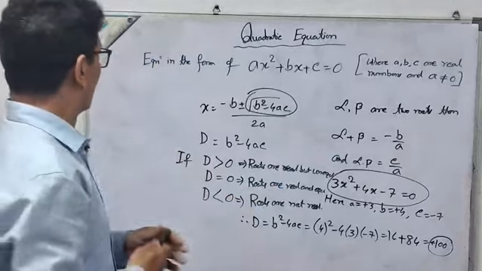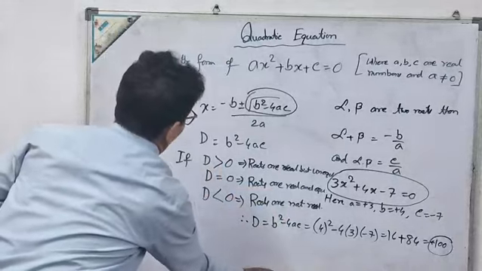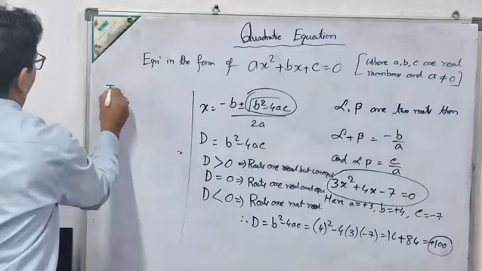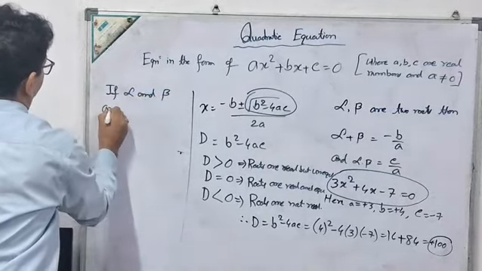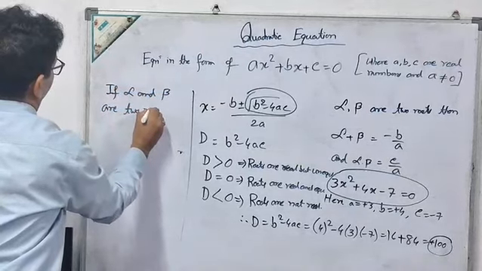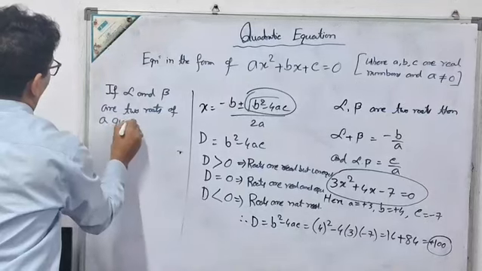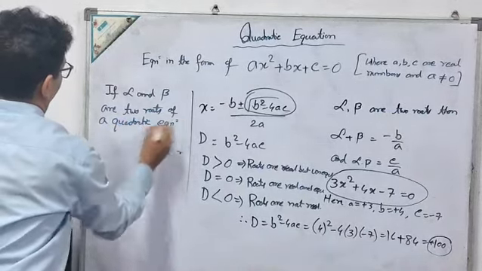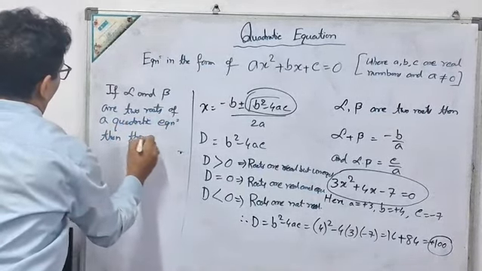And last but not the least, a very important one: if two roots are given, if alpha and beta are two roots of a quadratic equation, then we have to find the equation.